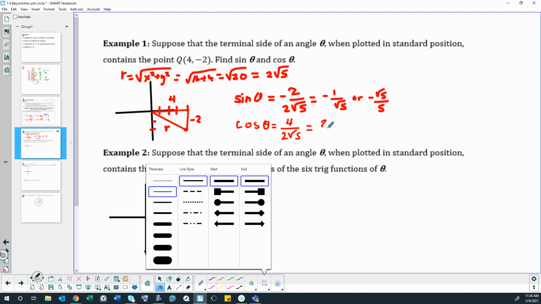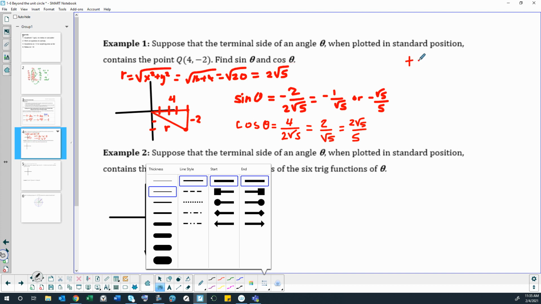So 2 over square root of 5. Okay, or we can rationalize it if we want. 2 square root of 5 over 5. All right, 2 down, 4 to go.